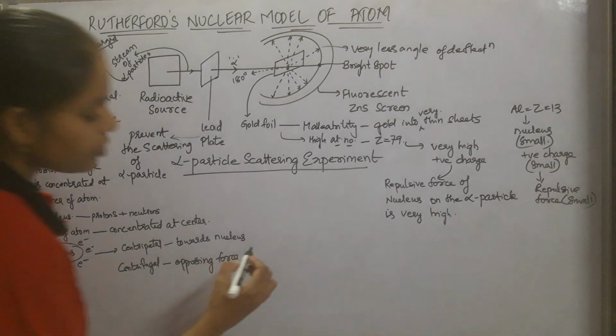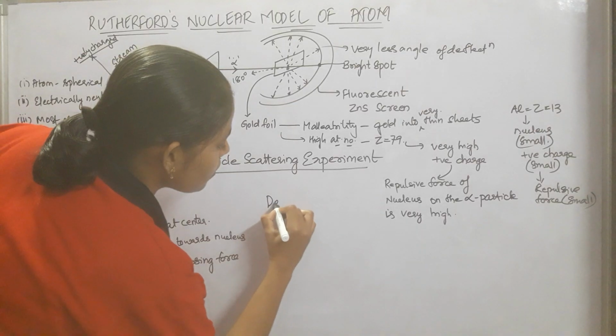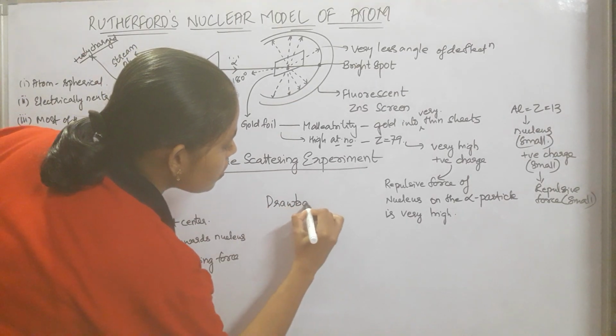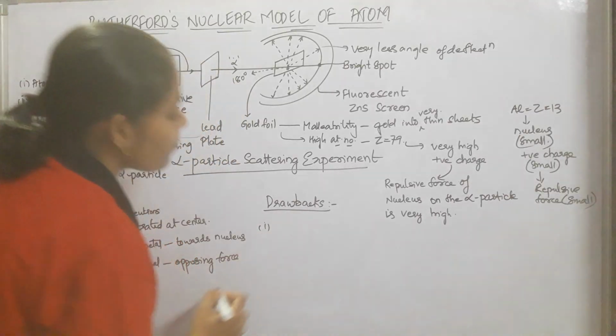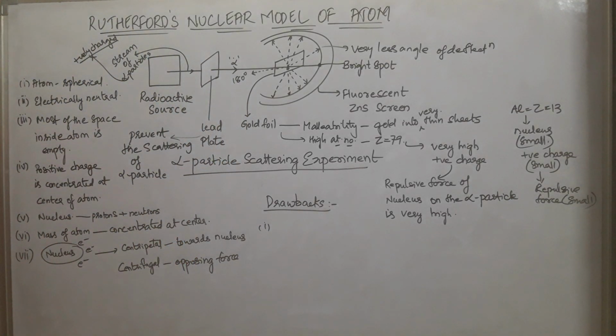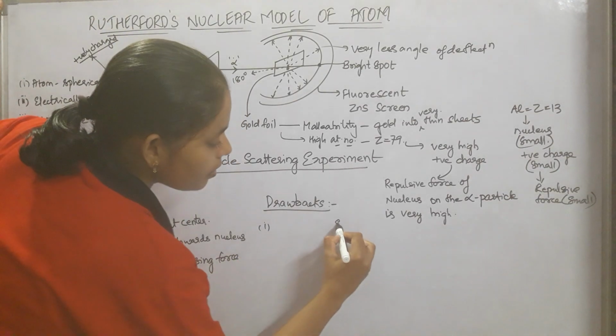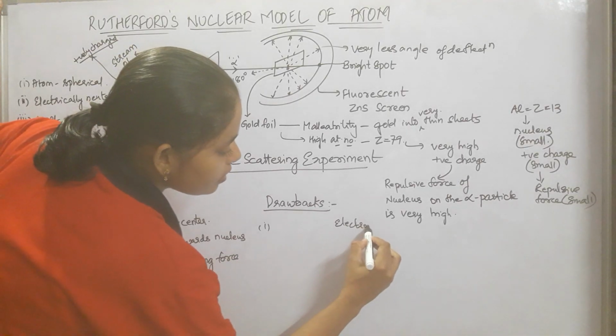Now let us look into the drawbacks. First, Maxwell proposed the electromagnetic theory.